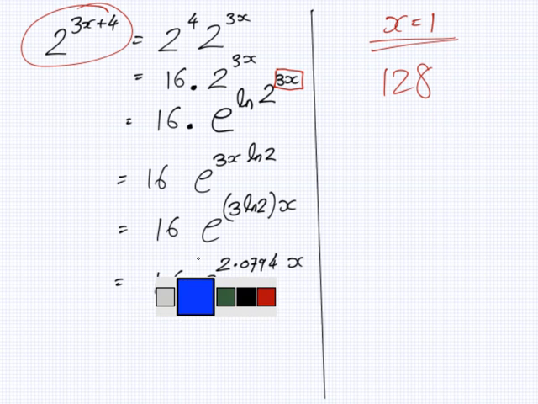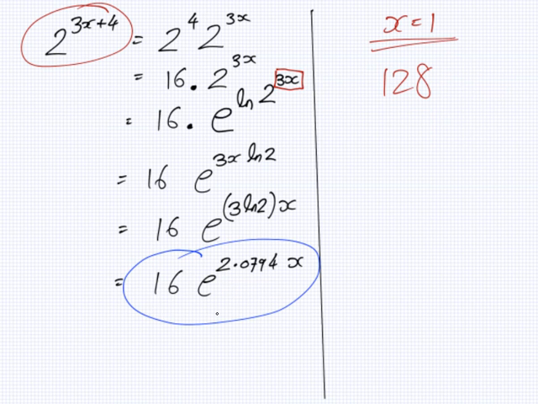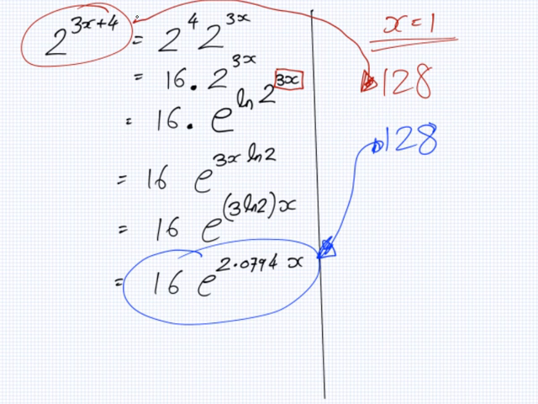Now I'll take this one, and likewise I'll put in 1. So I have 16 e^(2.0794 times 1), which is 127.99. If I round that off to 3 significant figures, it'll be 128. So they're nearly the same.